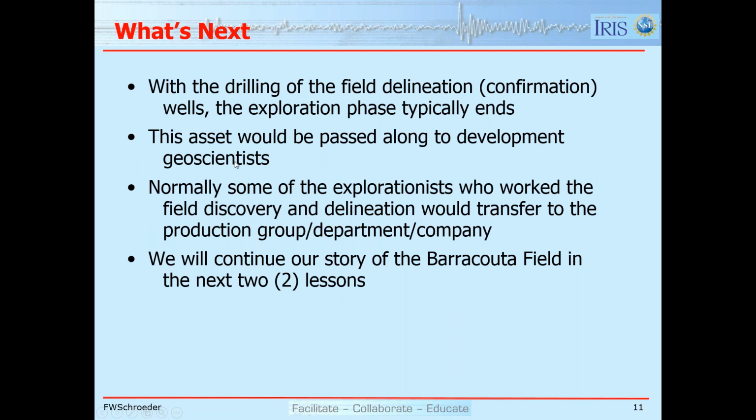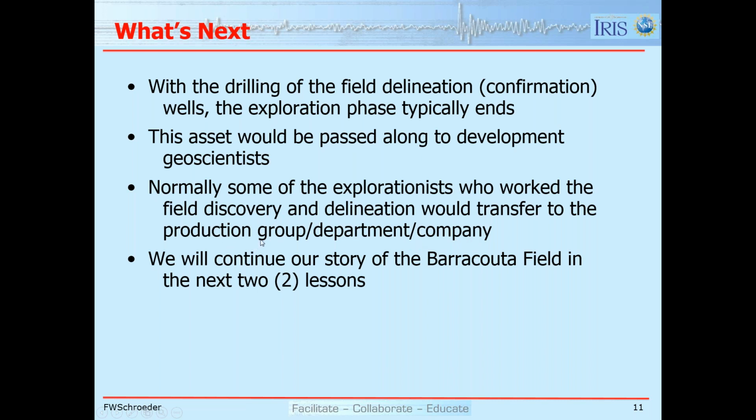I'm sorry, I got myself out of sync here. So normally an explorationist or 2 would follow the project into the production group or the production department or the production company. It depends on the size of your company. Much of my career was with ExxonMobil.